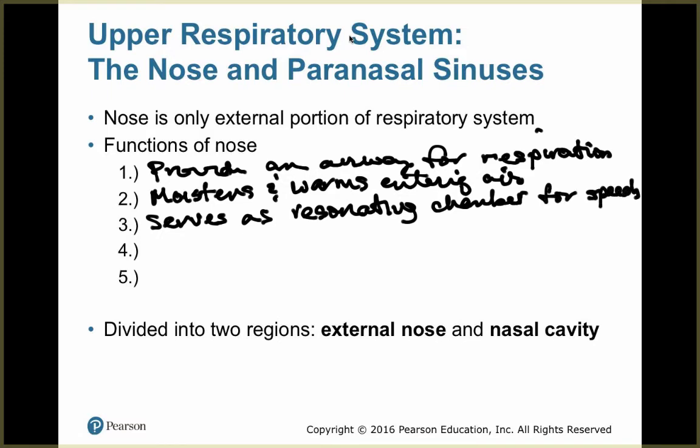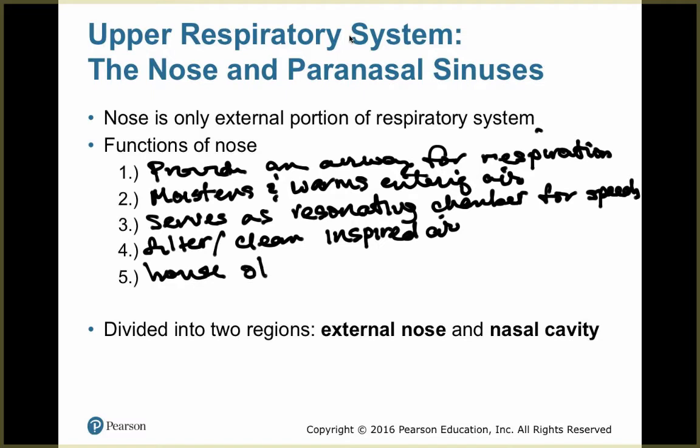It's going to help filter and clean air that we bring in. And lastly, it helps house the receptors for smell. So that's housing olfactory receptors.